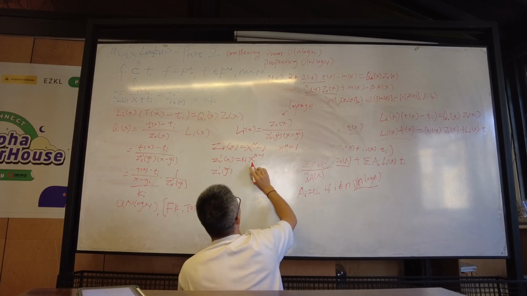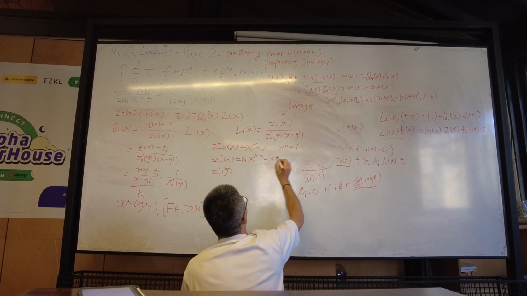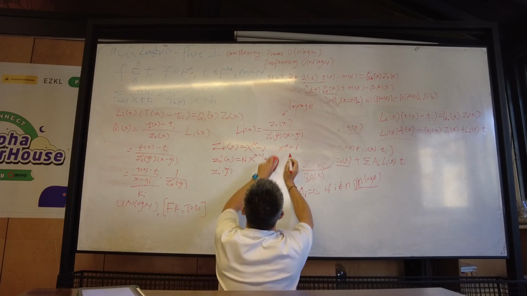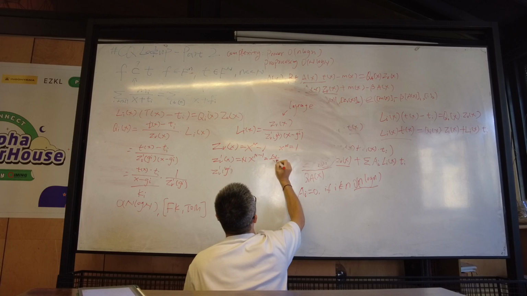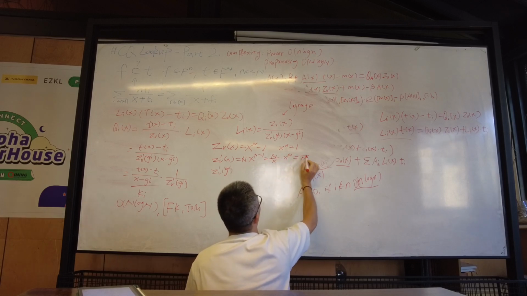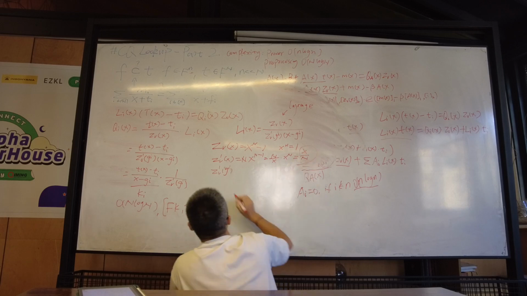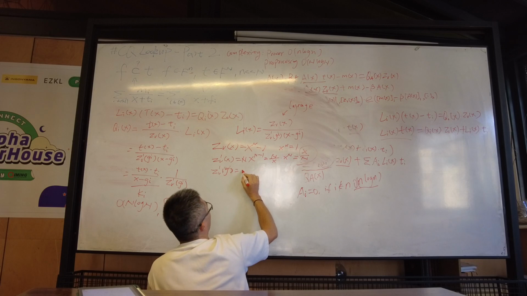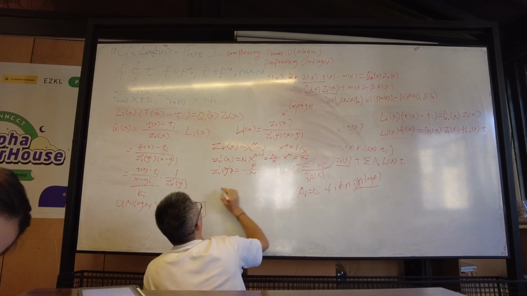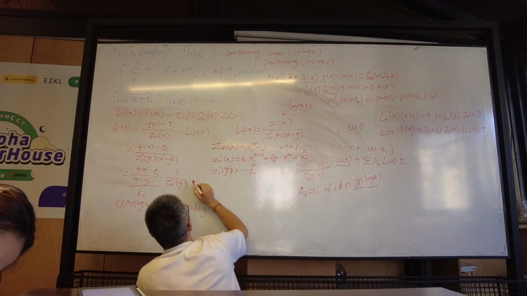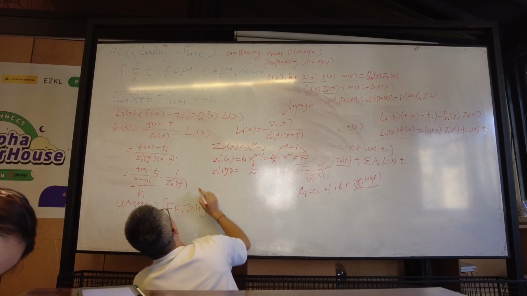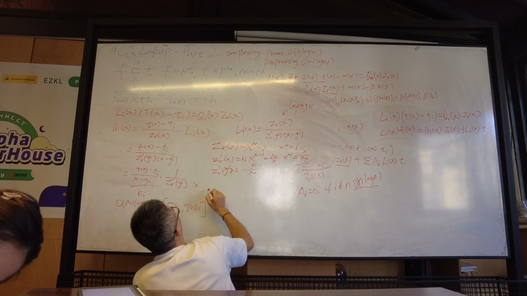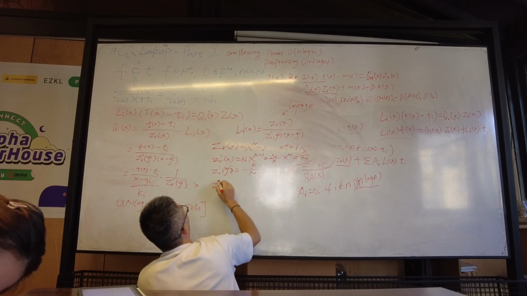So this one will be x, and this guy will become Gi over n.